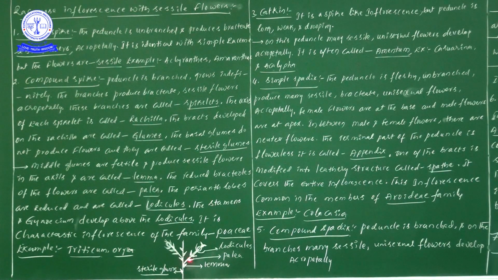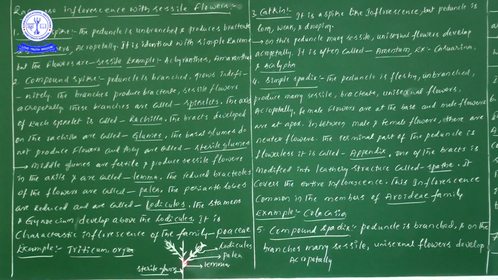Next, on this structure, on this small line, bracteoles are present. Bracteoles are also small leaf-like structures, green in color. The reduced bracteoles of the flower we call palea. Here an important point: suppose this entire structure is considered a flower, then exactly here a stalk is there.